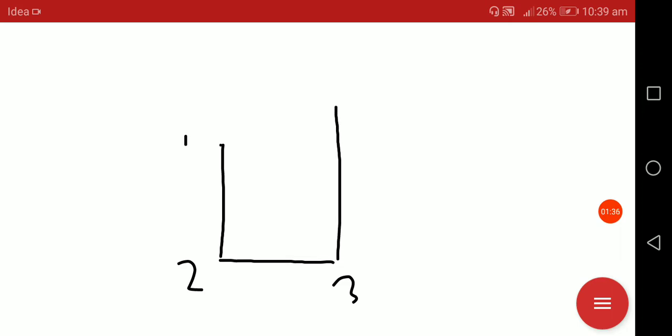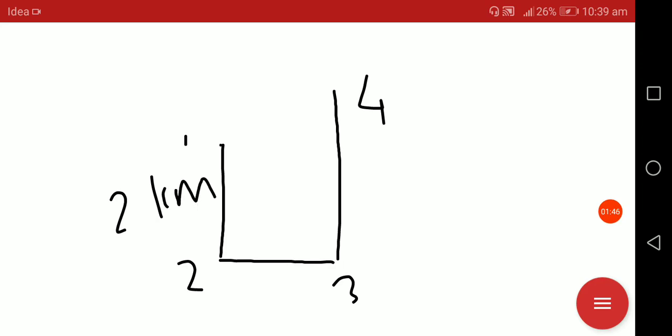Suppose this is my initial position. Suppose I am traveling from position 1 to position 2 in the south direction. This is my position 2. Then I turn left and travel in the east direction. Suppose this is position number 3, and lastly I travel in the north direction, that is position number 4. Suppose from point 1 to point 2, I travel 2 kilometers.